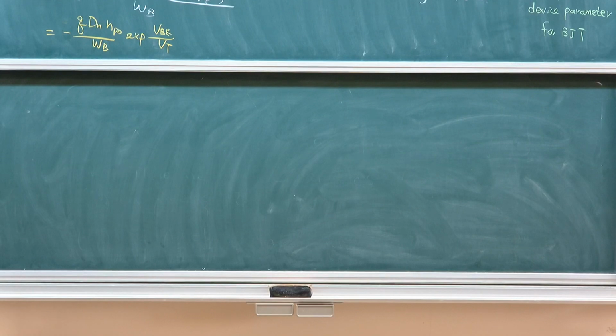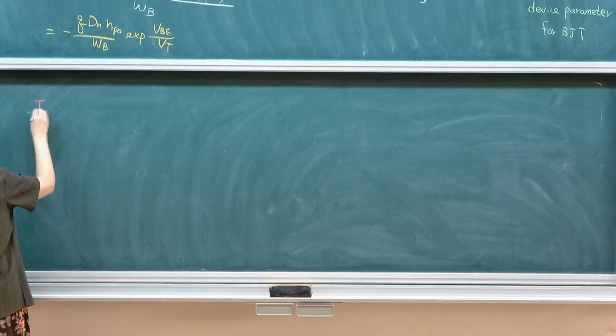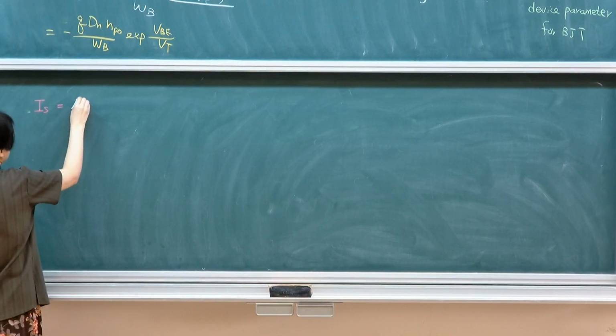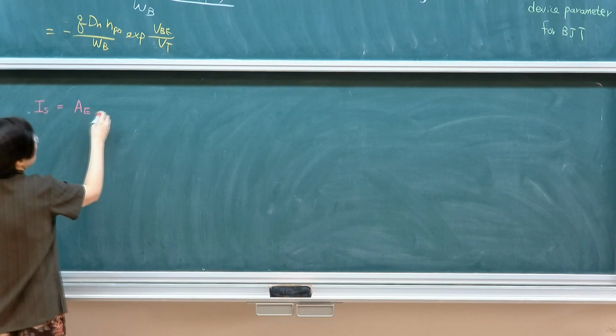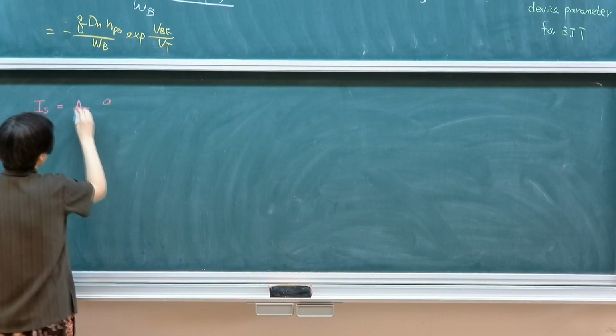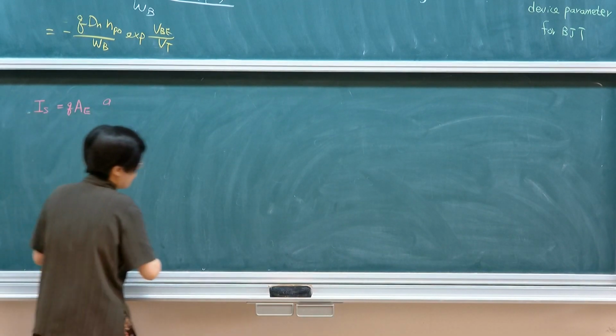Somewhat missing. So one of the very interesting results I want to highlight is that if you look at the IS, which defines the collector current, let me write it down. Q, you can do this.